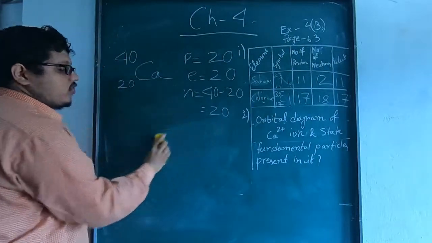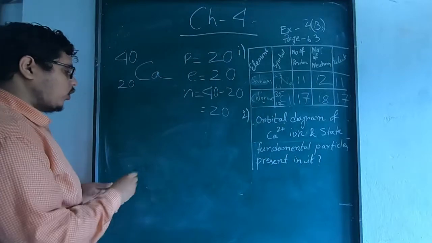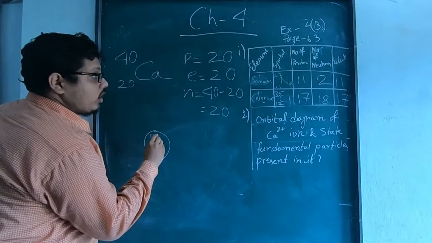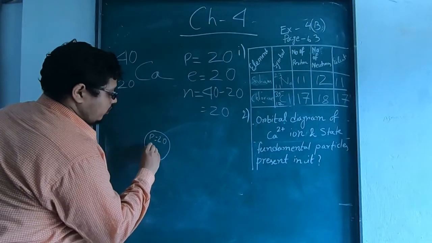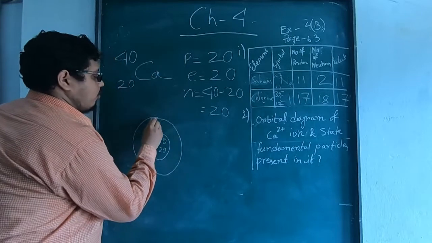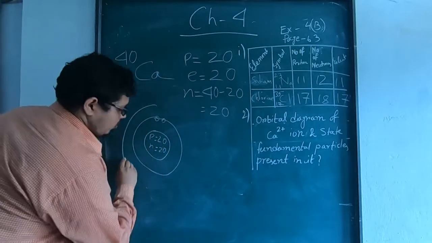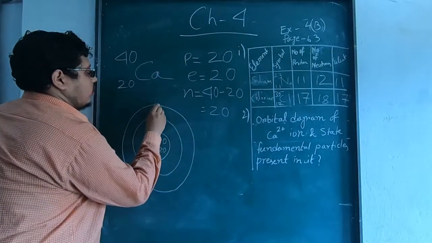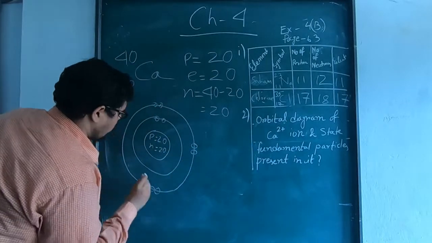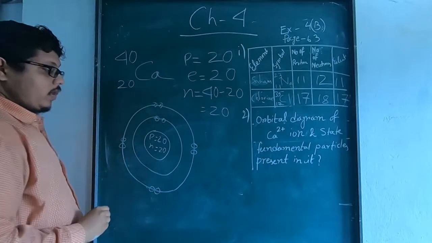So if I draw the orbital structure, what will happen? This one you can draw from previous knowledge also. Proton is how much? 20. Neutron is how much? 20. First shell 2. Second shell 8.